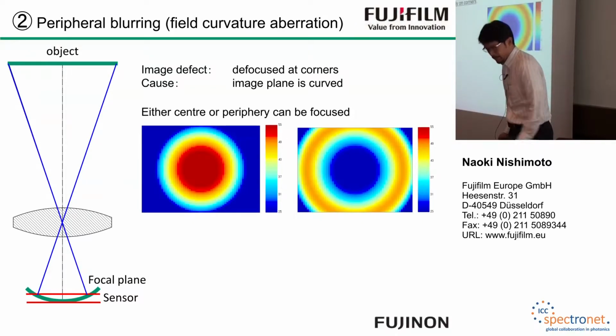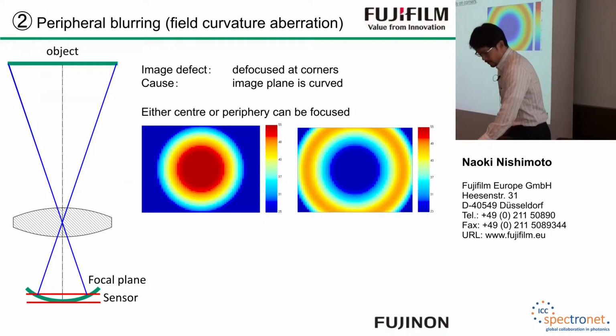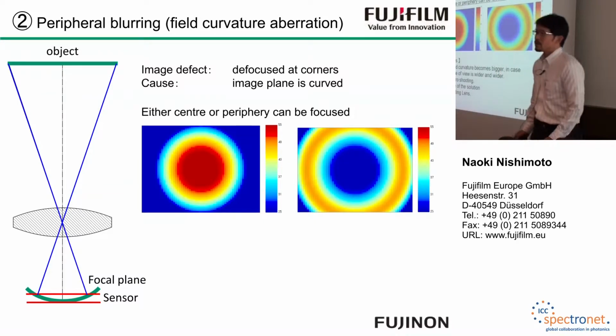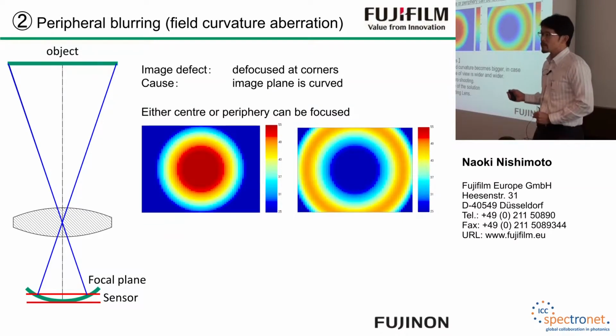Or if we focus on the periphery, then we lose center resolution. Therefore, if we have field curvature aberration, either center or periphery can be focused.